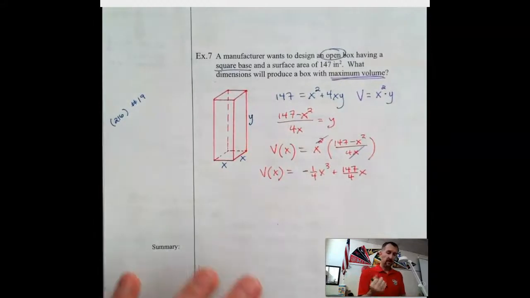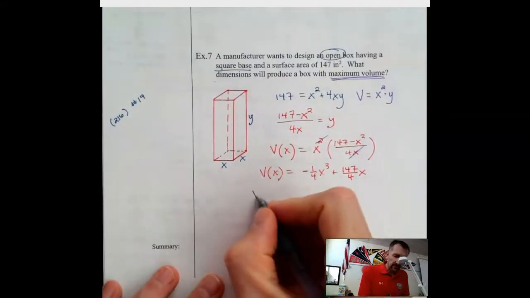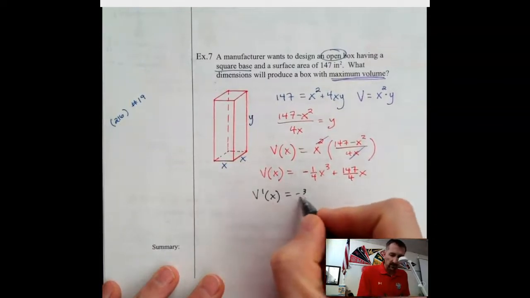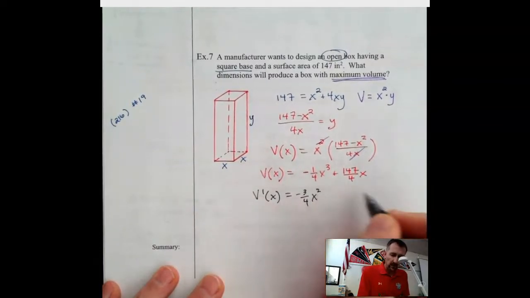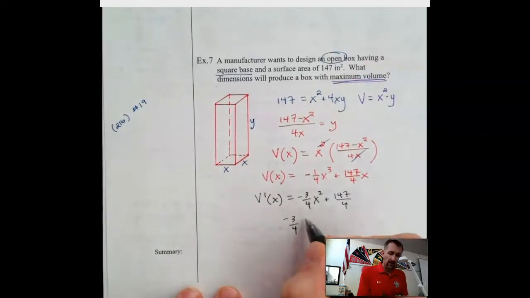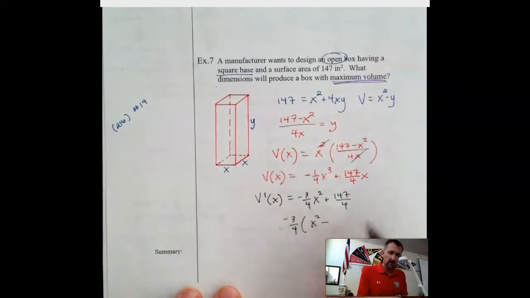So now we're going to take the derivative. So the derivative of that is going to be negative 3/4 x squared plus 147 over 4. So if we factor out a negative 3/4, we're going to get x squared minus 49.